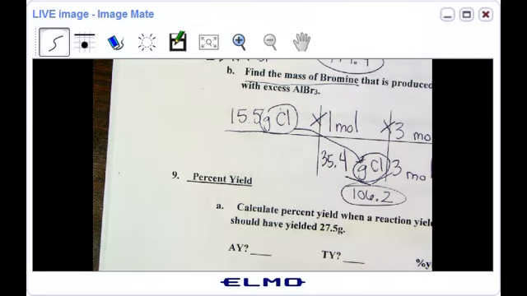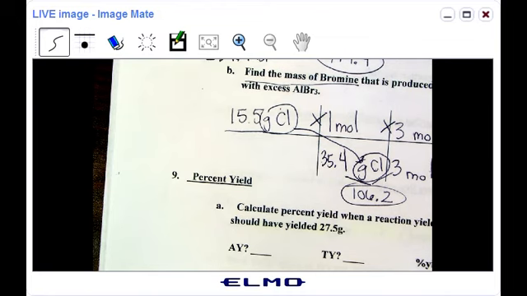Calculate percent yield when a reaction yields 25.2 grams of carbon dioxide, but should have yielded 27.5 grams.